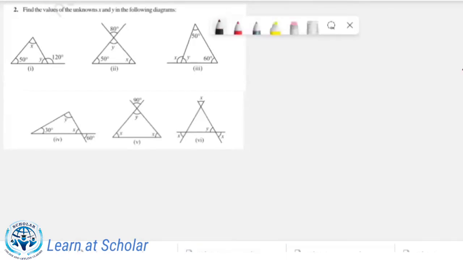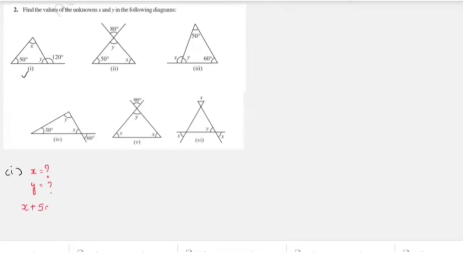Second question, find the values of the unknown x and y in the following diagram. In the first one, x is not known, y is not known, exterior angle is known as 120 degree. We will use both the properties. The exterior angle is of 120 degree. It is the sum of the two opposite interior angles.